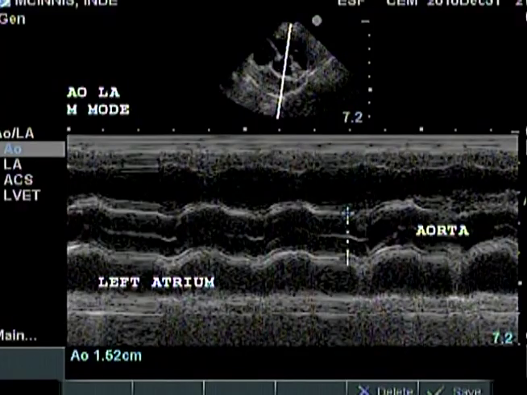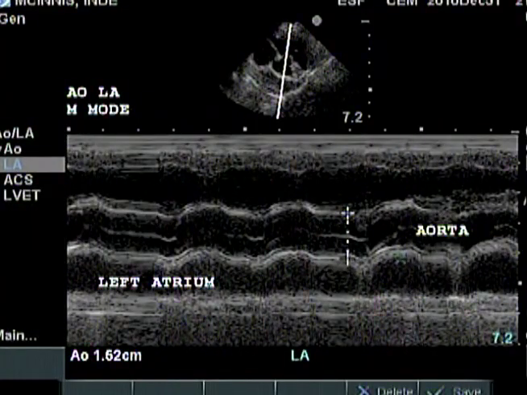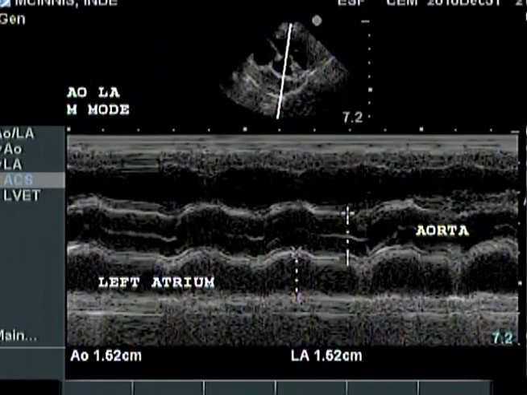Then measure the left atrium during left ventricular systole, or the greatest upward movement of the aortic wall. High left ventricular pressure of about 120 millimeters of mercury during left ventricular systole keeps the mitral valves closed and allows the left atrium to fully fill at this point. Save these measurements to the patient record.